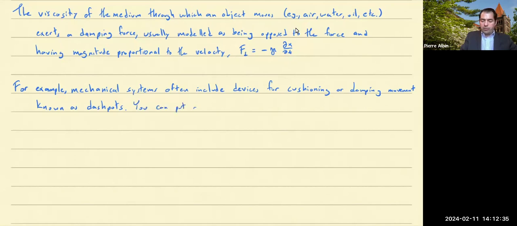For example, you can put a piston in a cylinder containing oil. And then the viscosity of the oil will dampen the movement.